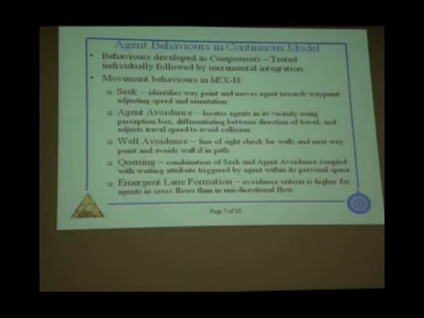The agents in the continuous component also demonstrate emergent lane formation due to the fact that the avoidance criteria for agents moving in contraflows is higher than for those moving in unidirectional flows. In other words, agents tend to follow a path of least resistance, which is often seen in crowds.